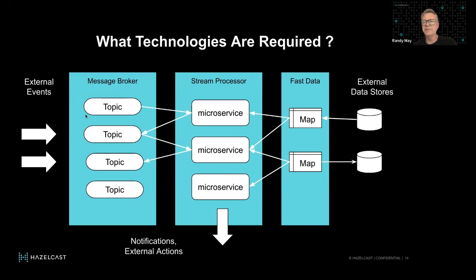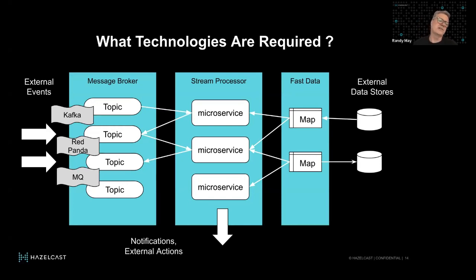Okay, so what technologies are required? In the message broker area, there are a lot of choices. You basically need something that can reliably handle your messages, and ideally it also has replay capability. So we've got Kafka, MQ, Red Panda, all these things, and we also have Hazelcast.